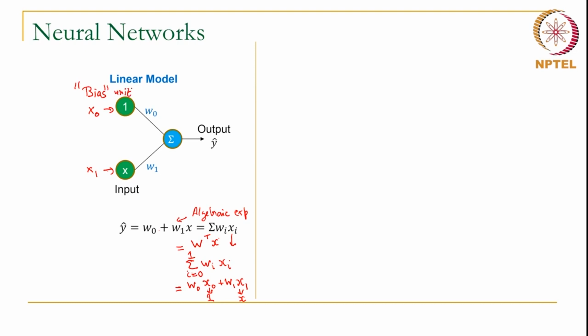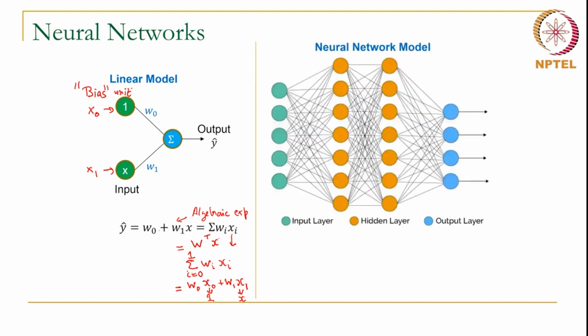Now, when we draw neural network diagrams like this, usually the bias unit is implicitly sitting there. It's usually not shown, but the bias unit is there. So you have to assume that it is there, unless somebody explicitly says that I am not adding a bias. The assumption is there is always a bias unit.